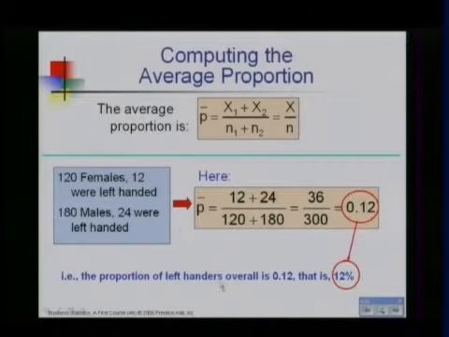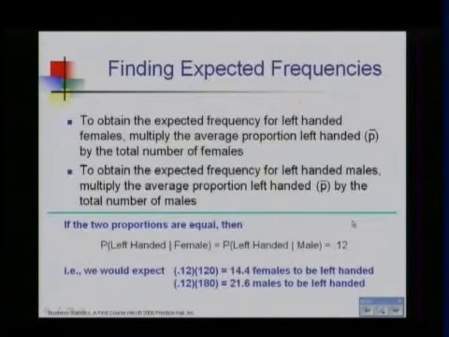A little different for each group, but what we care about is the overall average proportion. So to find my expected values, one way to do that is to simply take that average proportion and multiply by the sample size for both males and females, and that will give me the number of males and females that I would expect to be left-handed if the proportion is the same.